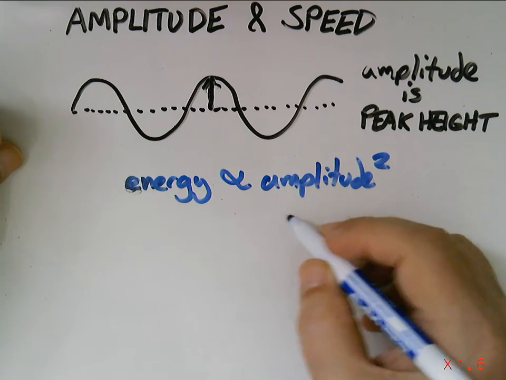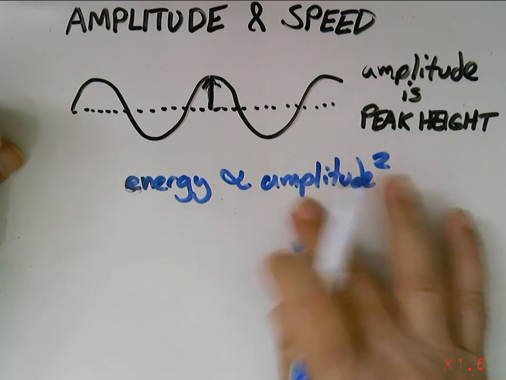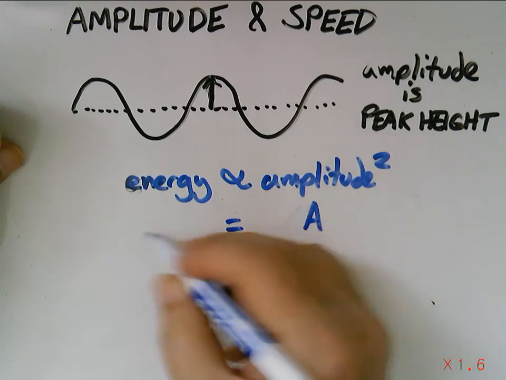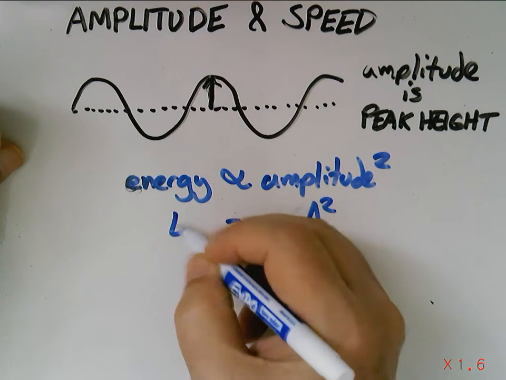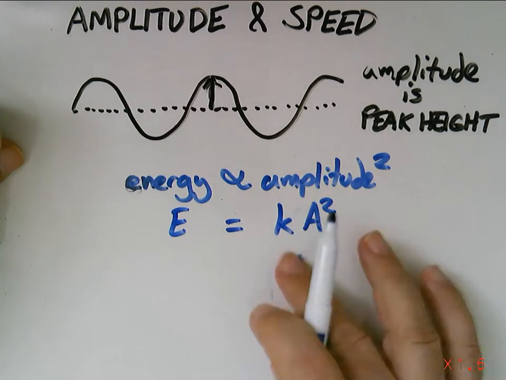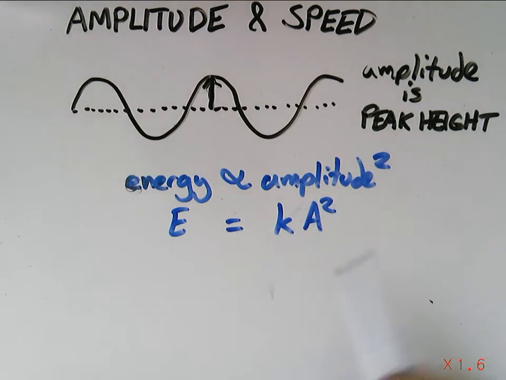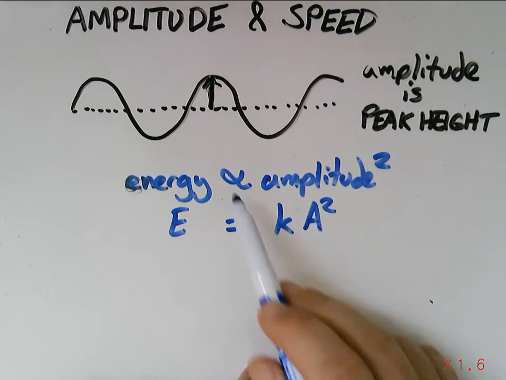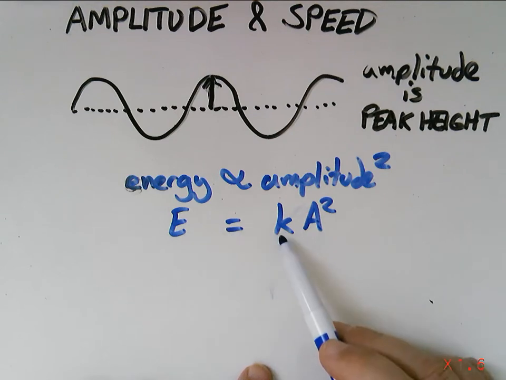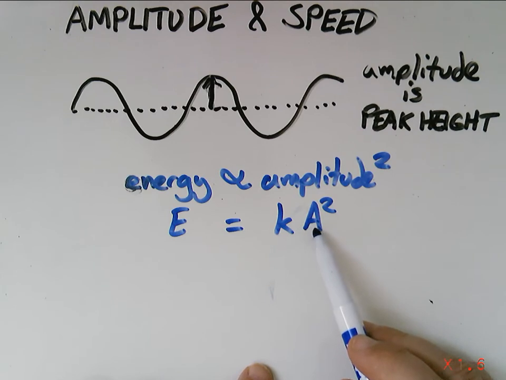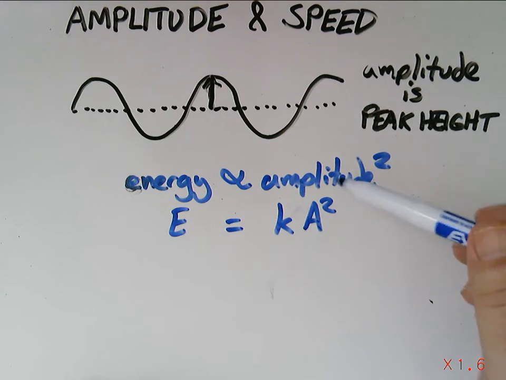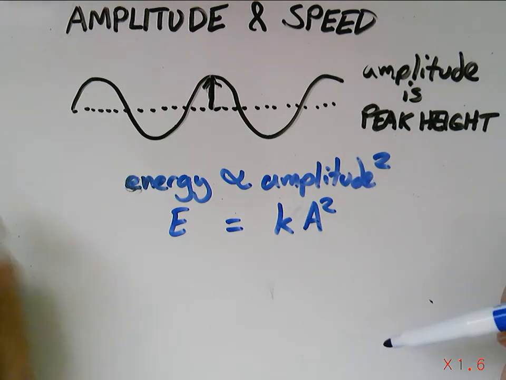Say the amplitude was A before. I can write a proportionality like a little equation. Here's the energy, I'm going to call it E. And if I say proportional to, I can say it's equal to some constant. I don't know what that constant is. But it's equal to some constant times the amplitude squared. So I've written a little equation out of what I've said in English up here.